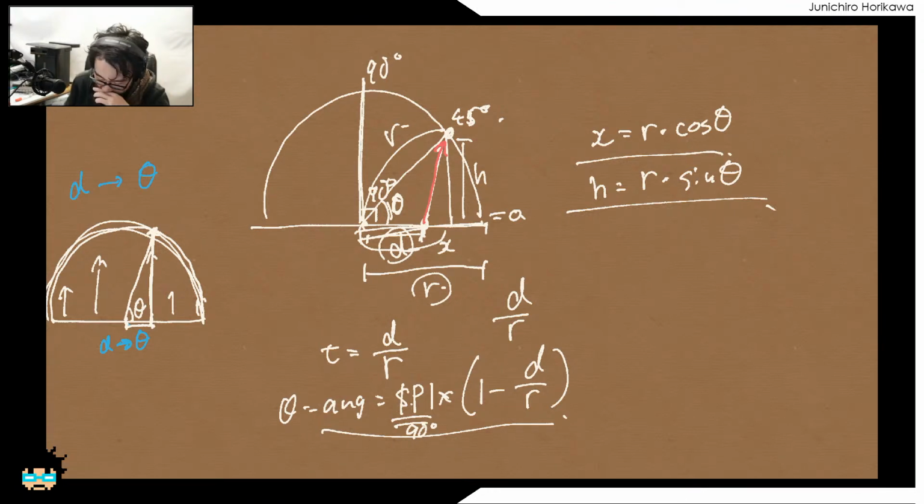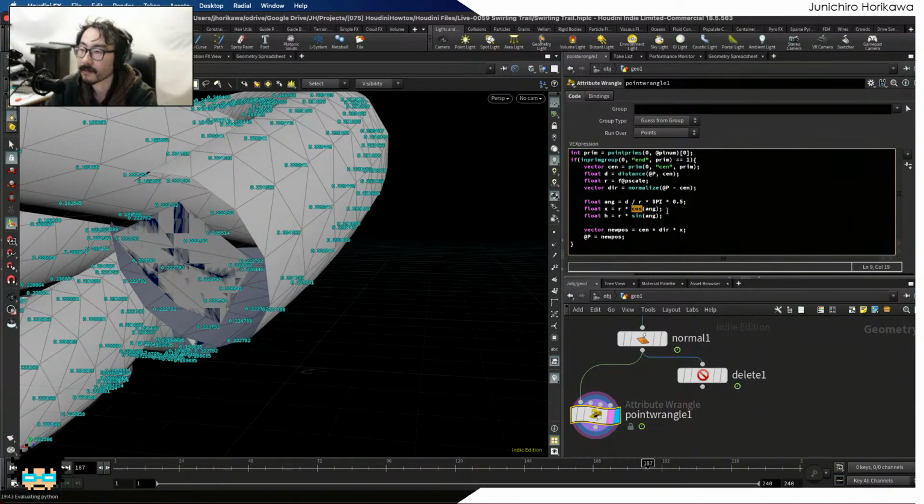Okay, so the angle that I was creating is this value, not this one. So in that case, I have to flip the cosine and sine. Okay, so that's the part that I did wrong. So this has to be sine, and this has to be cosine.